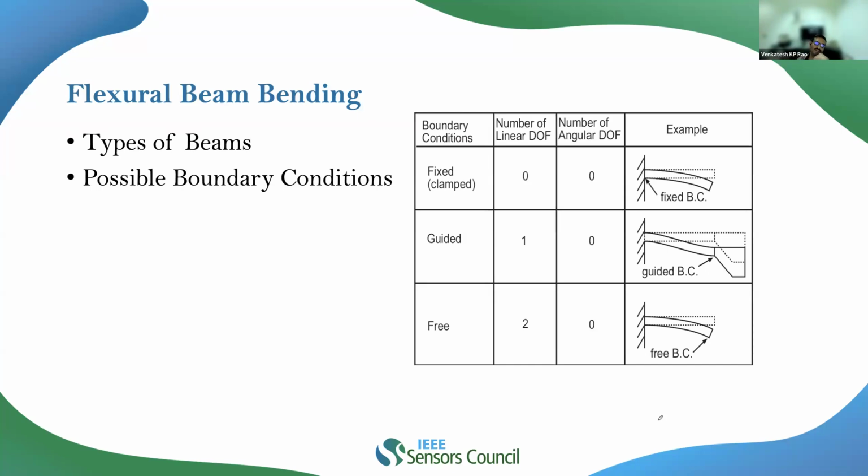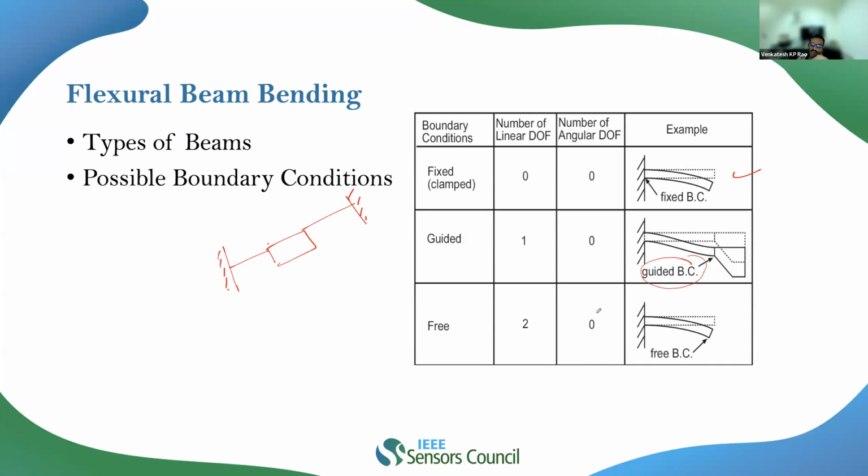And whenever you take up any of the microscale structures under consideration, you can come across several boundary conditions. Either they can be made out of beams, right? So there can be several boundary conditions associated with it. For example, we can have a completely fixed support like this, just like a simple cantilever beam, or we can have a proof mass suspended with the help of beams, where the proof mass will guide it.